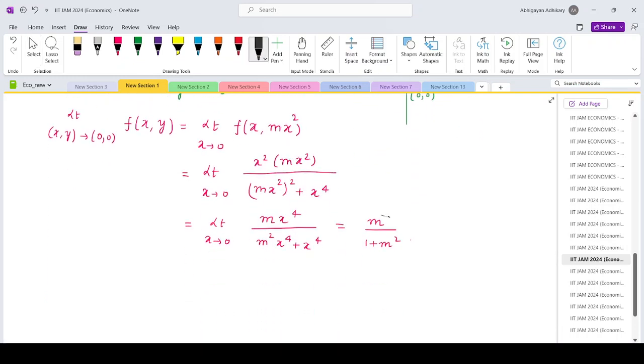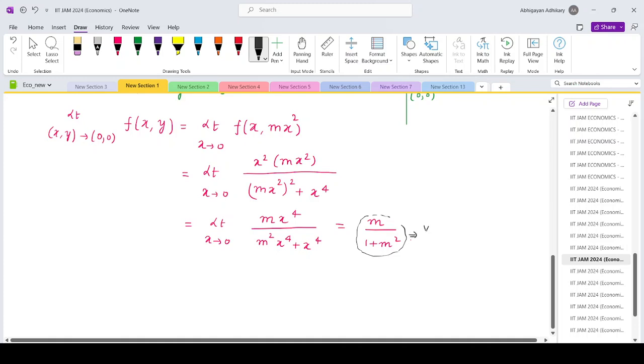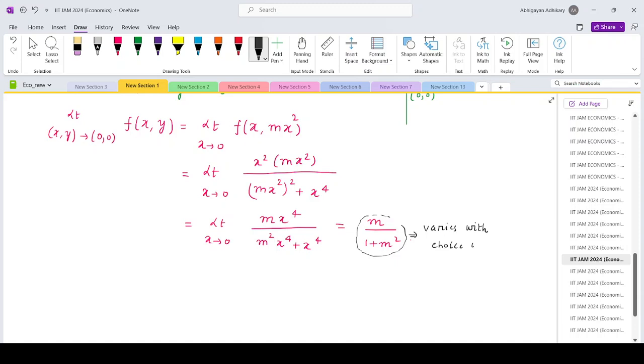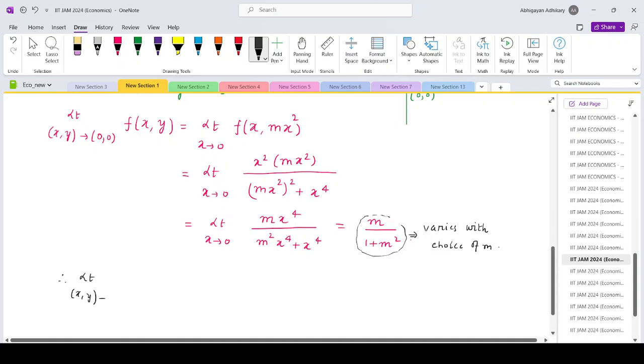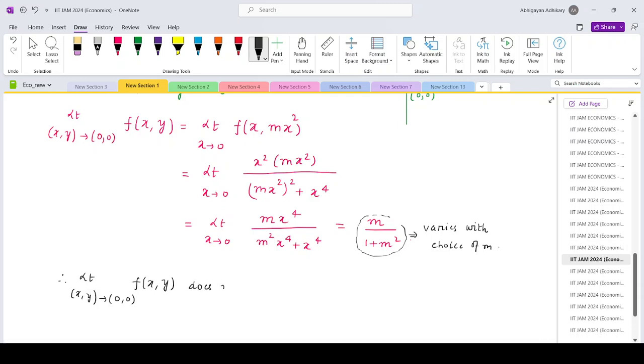This expression m by 1 plus m squared varies with the choice of m. So that means this simultaneous limit as (x, y) tends to (0, 0) of f(x, y) does not exist.